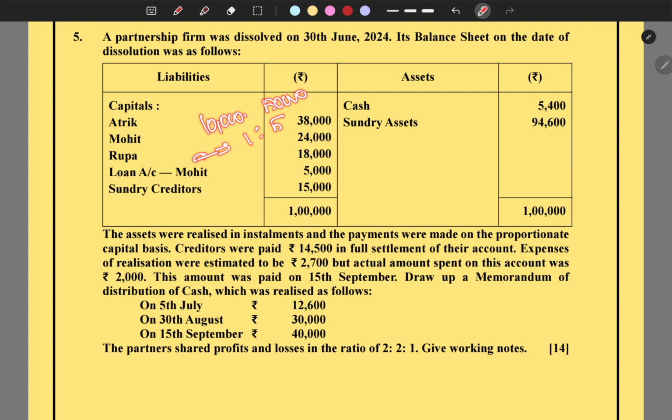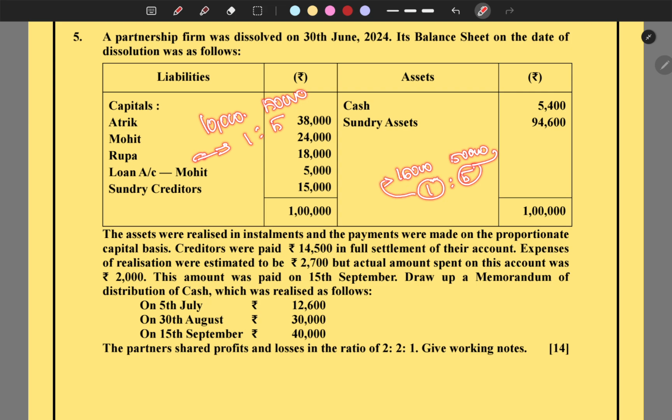But what if I have 15,000 and my partner has 50,000 as capital, but my profit share is 1 and his profit share is 5? Here he is exactly up to the mark, getting 5/6 of the profit share for 50,000 capital, but I am paying 15,000 for the 1/6 capital.